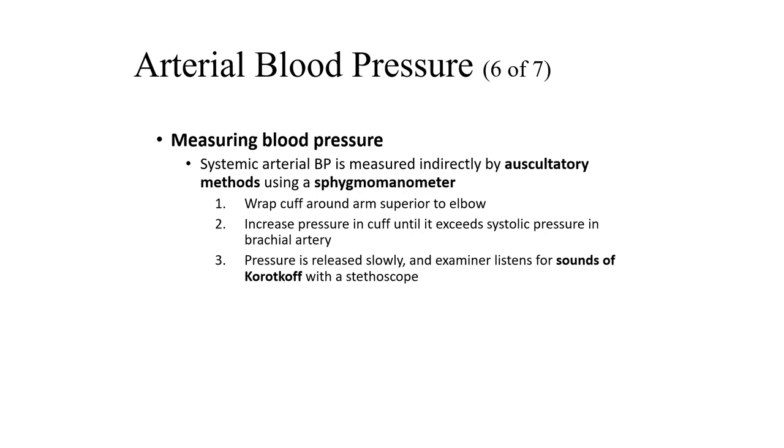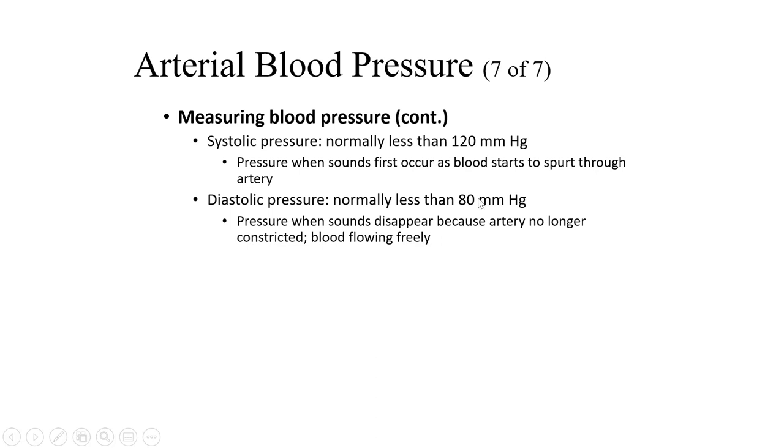Then you release it slowly, and you listen for a sound. That sound that you will first hear is what you call the Korotkov sound. The Korotkov sound is the sound of the rushing blood inside the artery, and that's exactly what you hear with the stethoscope.